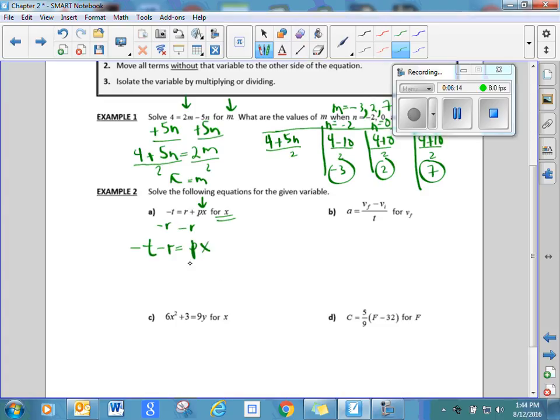So that's all fine. Now x is almost alone, but he's got a coefficient. We need to divide by p, and this whole entire left-hand side is also divided by p. And you end up with x equaling minus t minus r divided by p, and you are done.